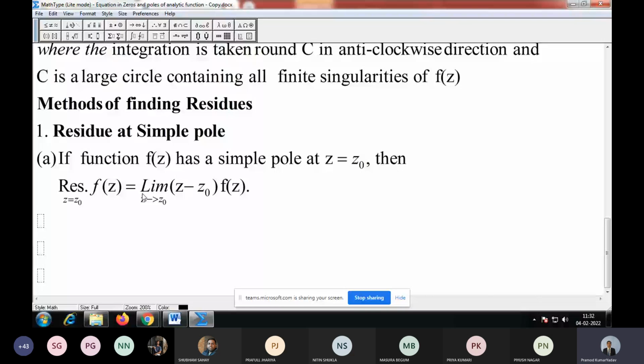I hope you all may agree with this. You may prove this immediately. Just a minute, may I see whether the proof is given here? Yes, the proof is given here. So we may prove this simply. I am showing the proof of this. Next slide.